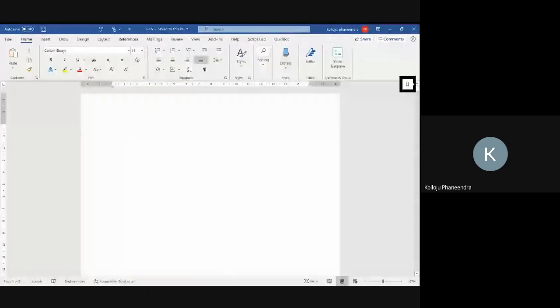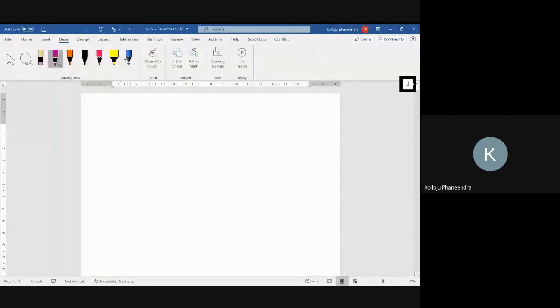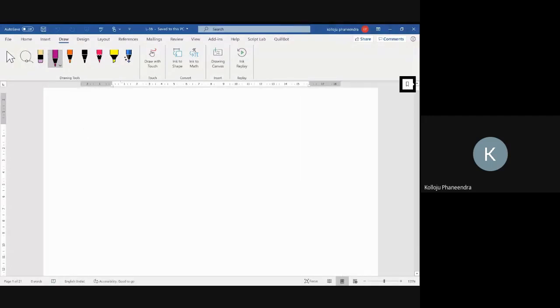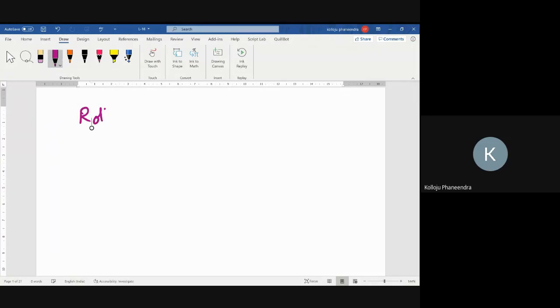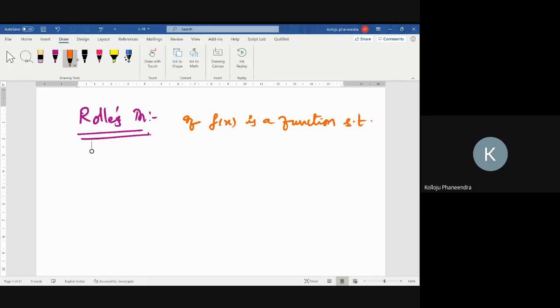Okay, I will again start with Rolle's theorem. The statement is, if f of x is a function such that, first condition, f of x is continuous in the closed interval a comma b.